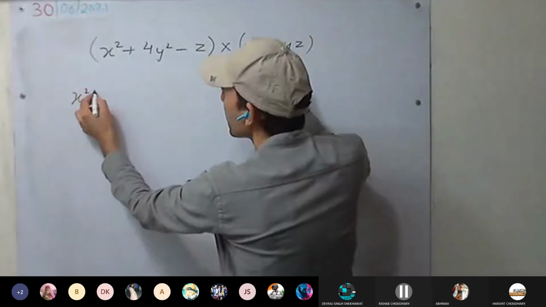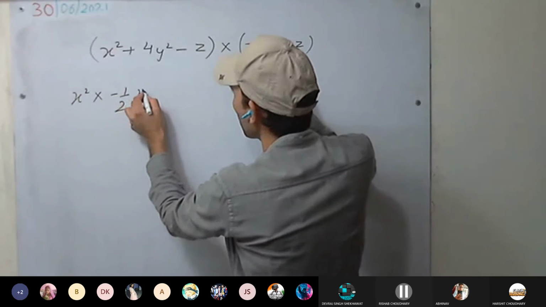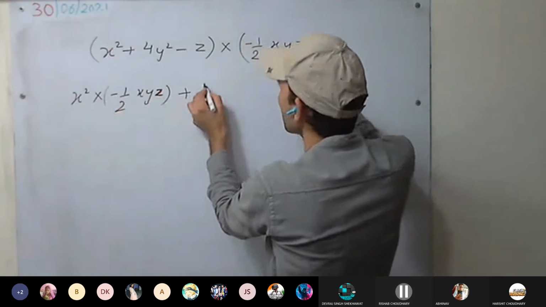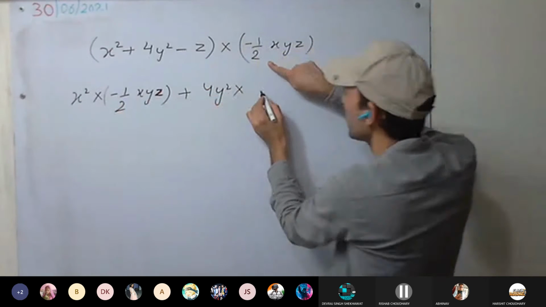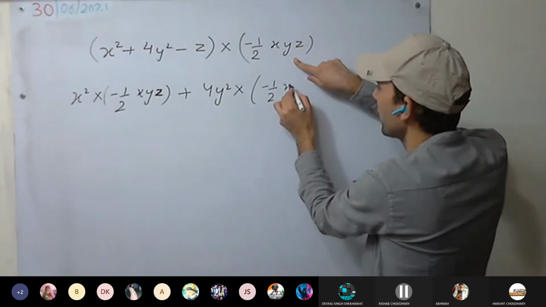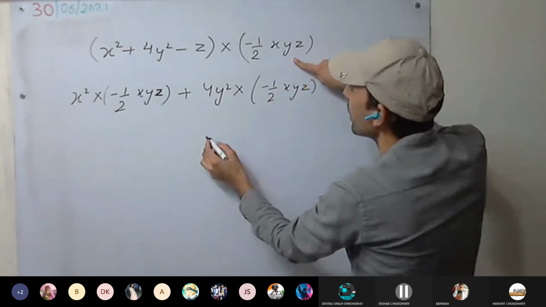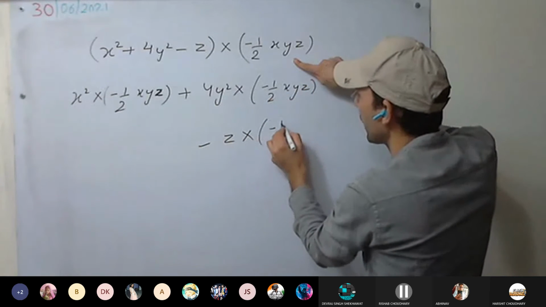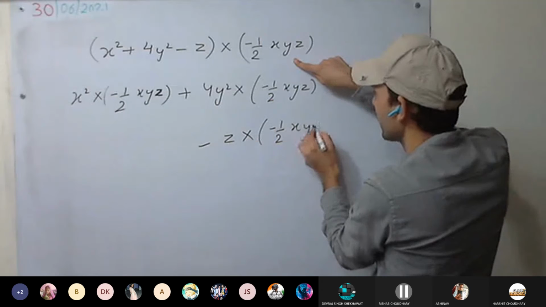Or x square into minus half x y z, plus 4y square into minus half x y z, minus z into minus half x y z.